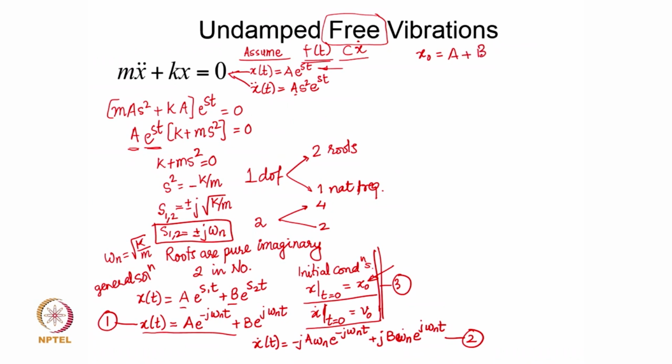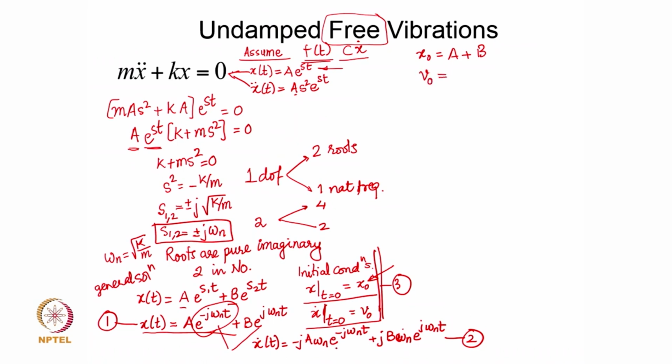When you substitute t equal to 0 into this exponential term, we get 1, and therefore both this term and this term will be 1, and therefore x naught is equal to a plus b simply. And then if I substitute the initial conditions 3 into equation 2, x dot t is v naught at t equal to 0.